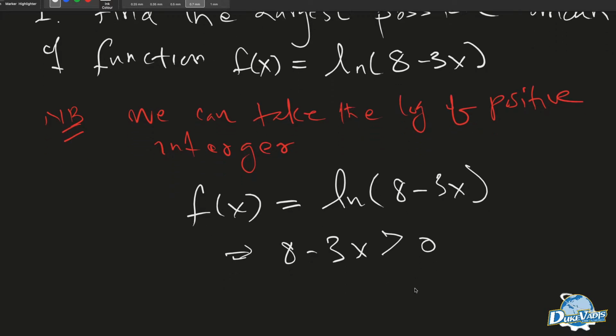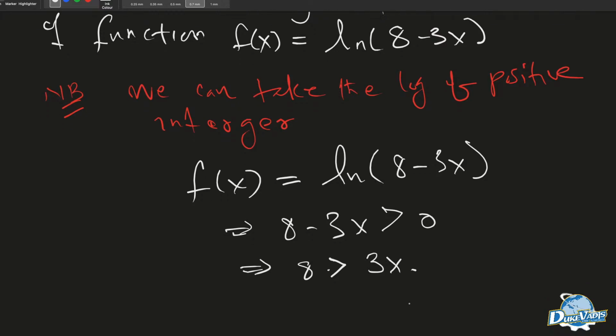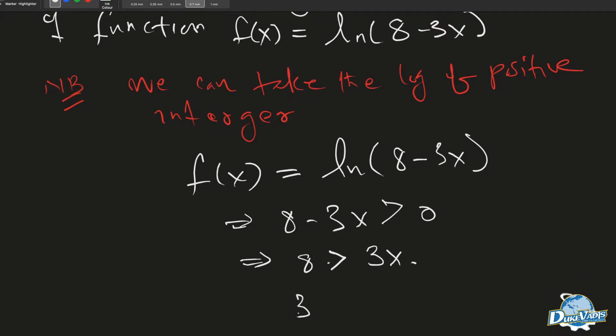If that is the case, then 8 is greater than 3x, meaning that 3x is less than 8.